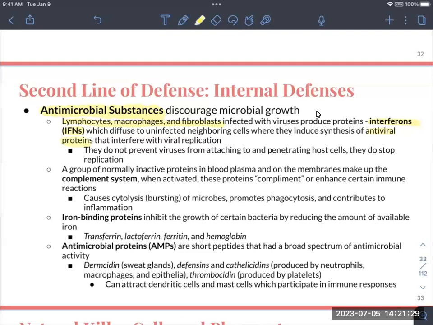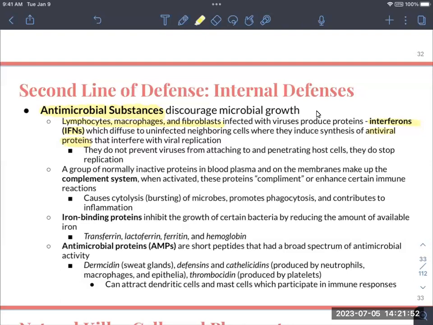We want to stop these viruses because viruses, when they invade our cells, use our cell's materials, they wear out that cell, and then they burst that cell open. So these interferons actually get released out to neighboring cells, and we make these antiviral proteins.